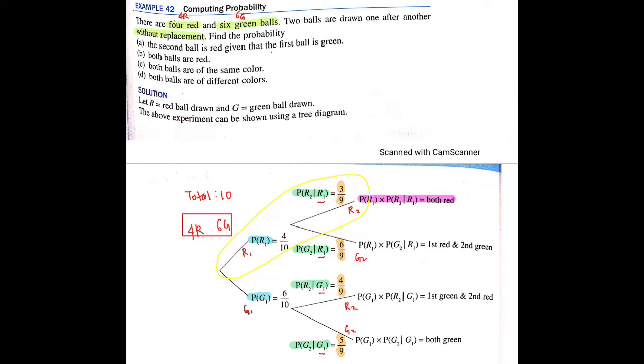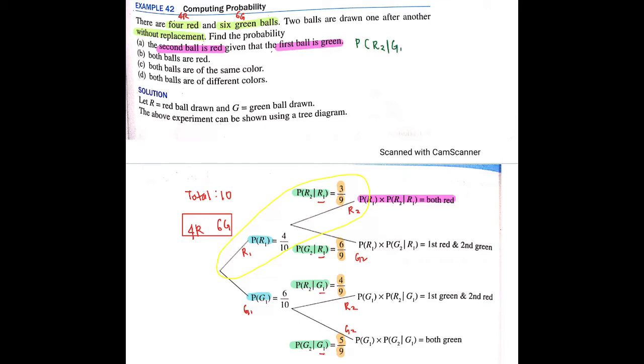Let's look at the first question. What does the question want us to find? Find the probability that the second ball is red, given that the first ball is green. So let us write the probability of the second ball is red, R2, given that the first ball is green.